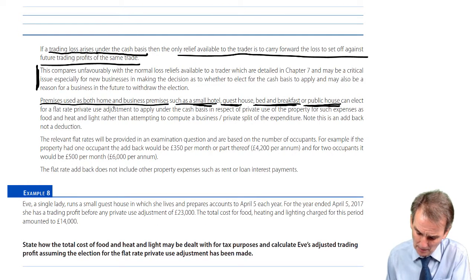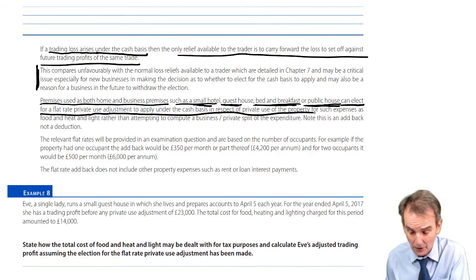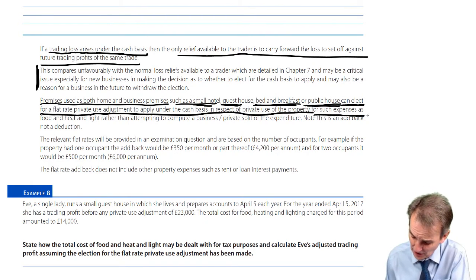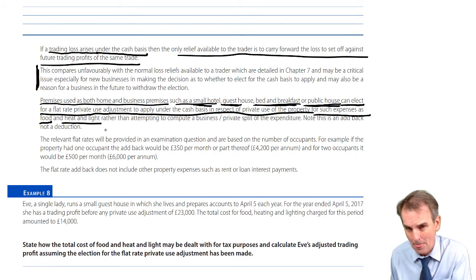Premises used as both home and business, we've got the examples there, can elect, so it's your call, the taxpayer, can elect for a flat rate private use adjustment to apply under the cash basis in respect of private use of the property. For such expenses, these are the main ones you would see: food and heat and light. So heat and light's an obvious one.